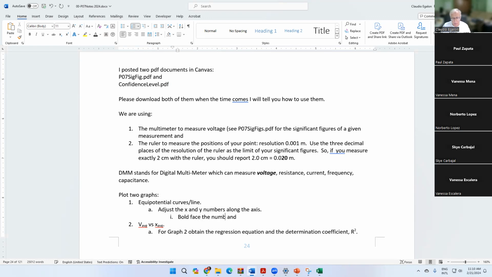Boldface the numbers, and use font size 14. Okay? And then what you're going to do next? Put the axis label. There's a way to do that too.